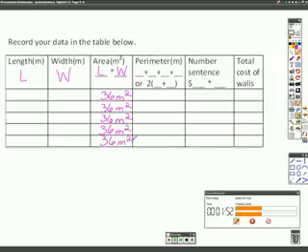Now when you are given a set area, which is a product, you want to think of the factors of 36, meaning what times what would give you 36. The one thing about a table is that you want to keep it organized. So we want to start with the width as being 1 and the longest length, which is 36.